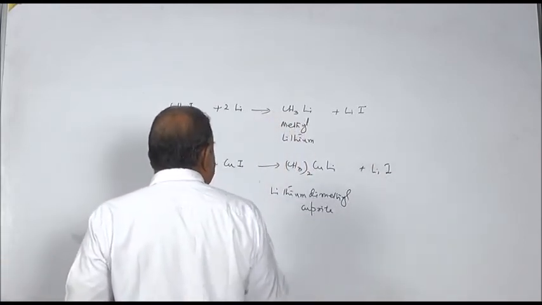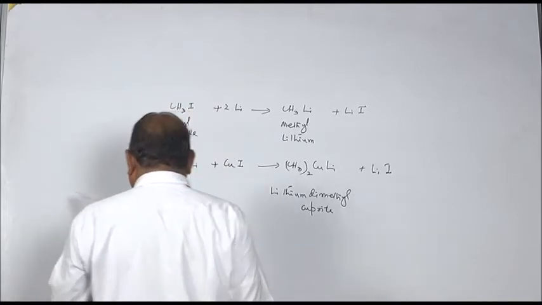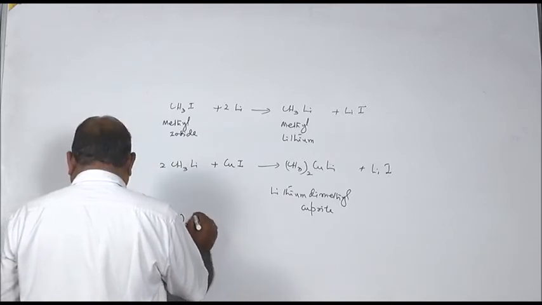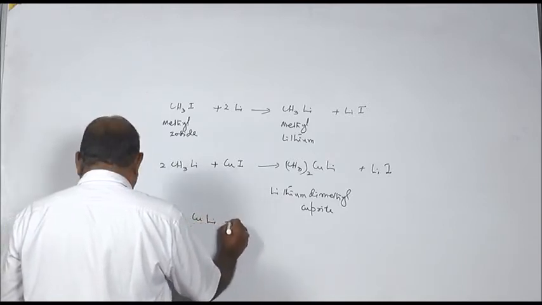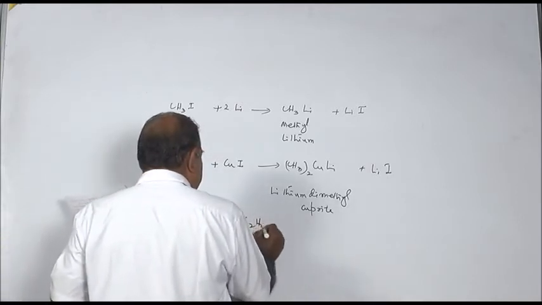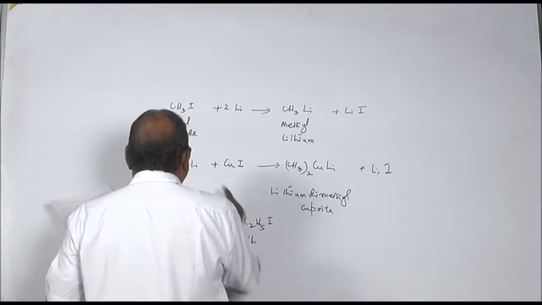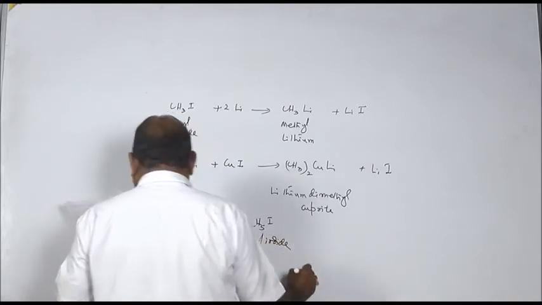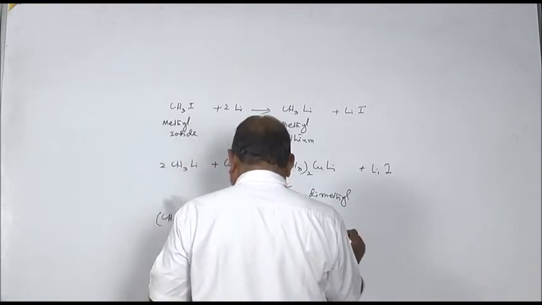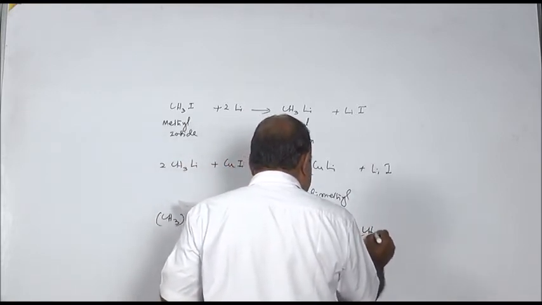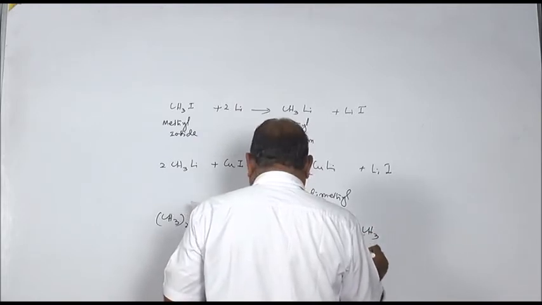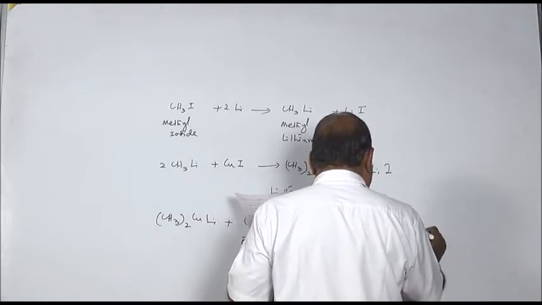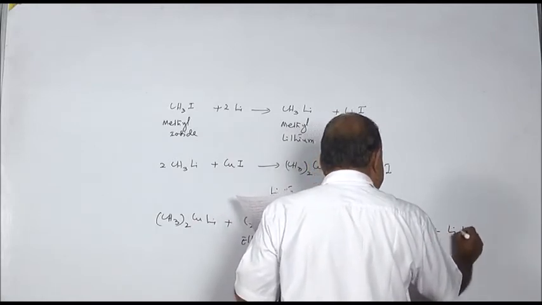Now this lithium dimethyl cuprite again reacts with another, different alkyl halide. Here I have taken ethyl iodide. Then you get propane, an unsymmetrical alkane, and you get methyl copper plus lithium iodide.